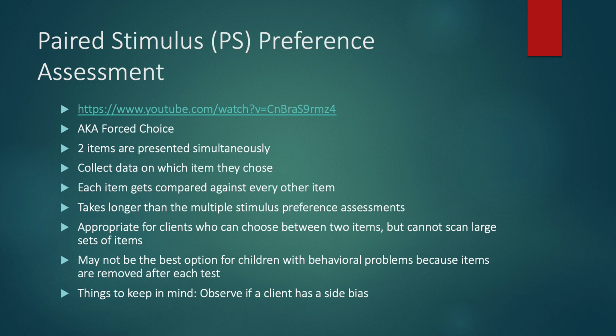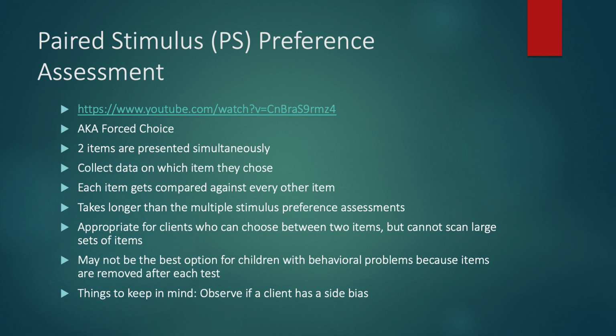You do want to keep in mind that because you're presenting two choices here, you might have a client that has a side bias. And I can show you what that would look like on the data sheet. But basically, it's when the client selects items only on one side of the table or of whatever area you're presenting them.